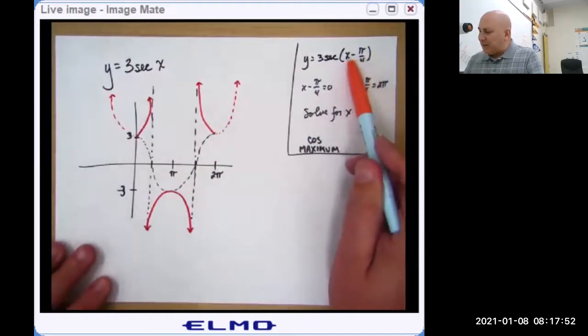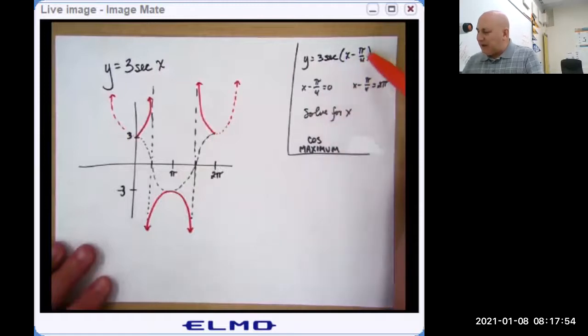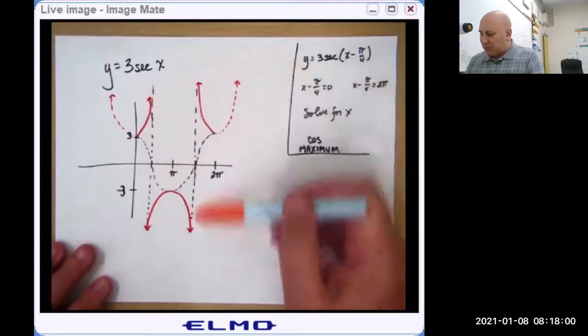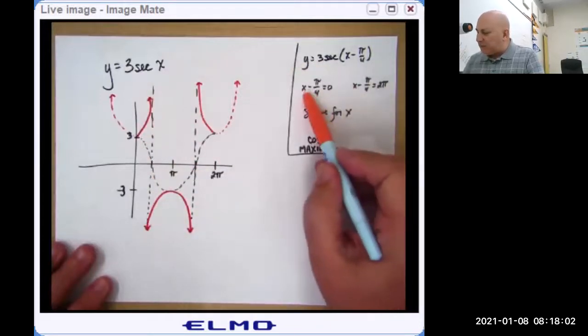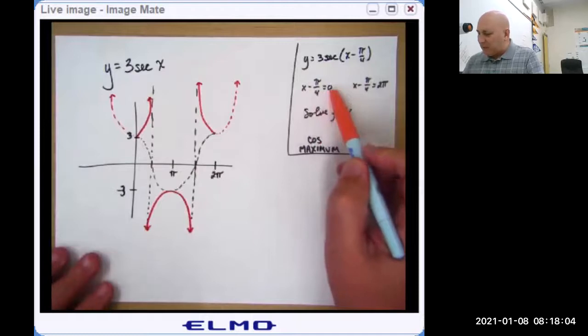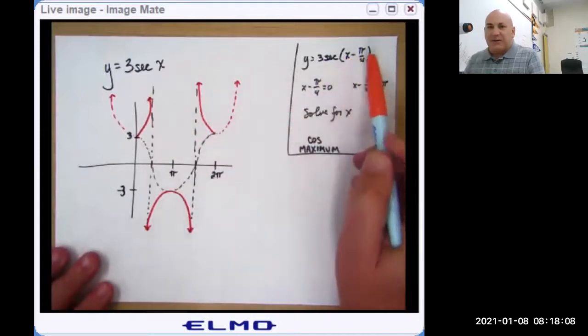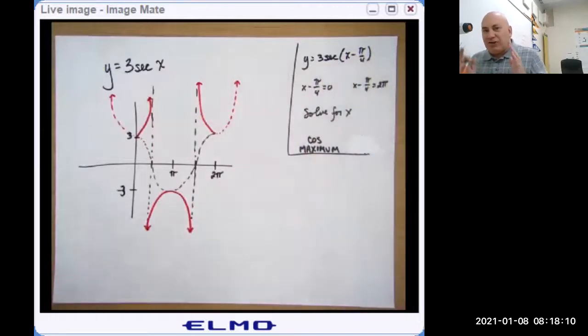So x minus pi over 4 will equal 0, and x minus pi over 4 will equal 2 pi. Solve for x, and that's where these asymptotes will move. You'll see the first one would be x equals pi over 4, which makes sense. We've replaced x with x minus pi over 4. It should shift everything pi over 4 to the right.